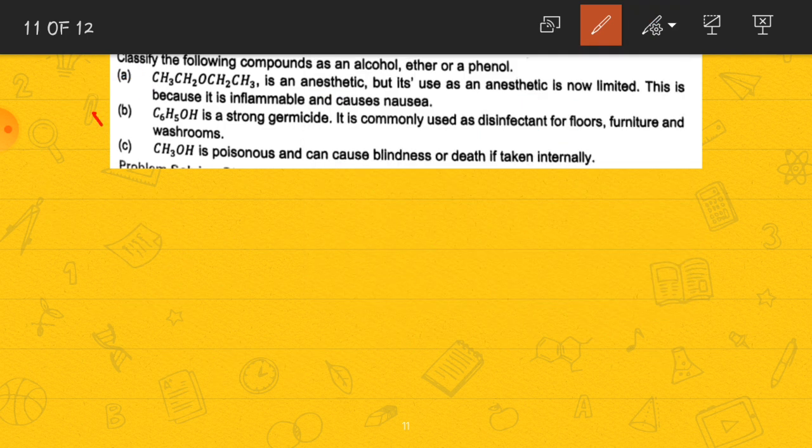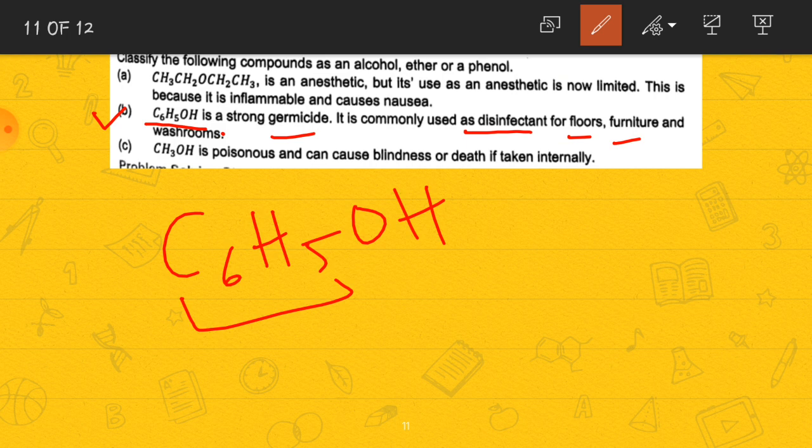Now moving towards option B, we are given a compound. This is the condensed structural formula for a compound. It is used as a strong germicide, and it is commonly used as a disinfectant for floors, furniture, and the washroom. So what is it? If you closely look at the condensed structural formula for this compound, you will see that this C6H5 is derived from C6H6.